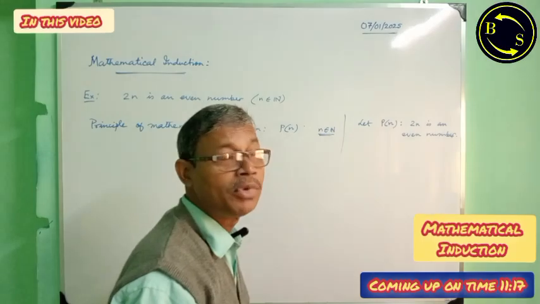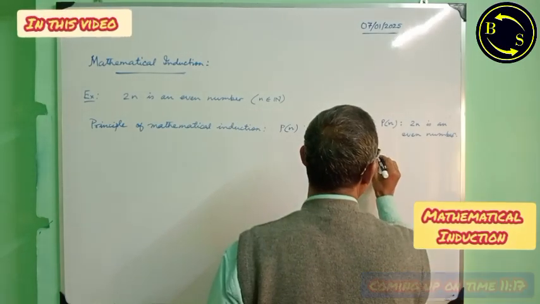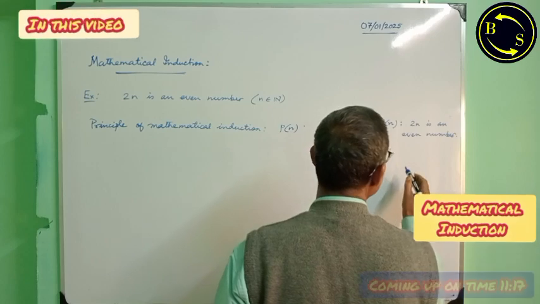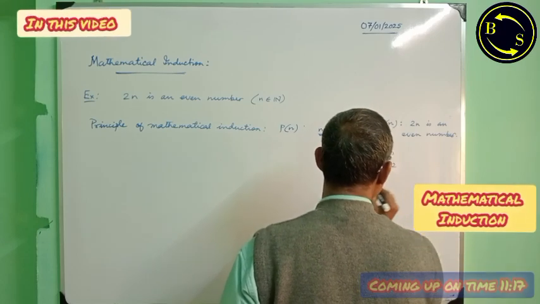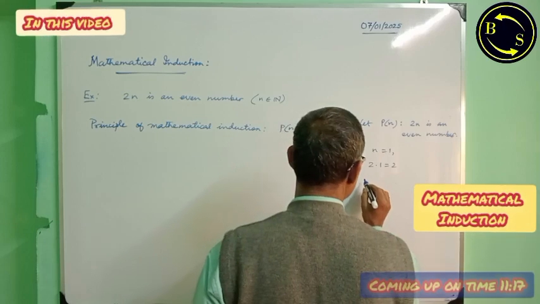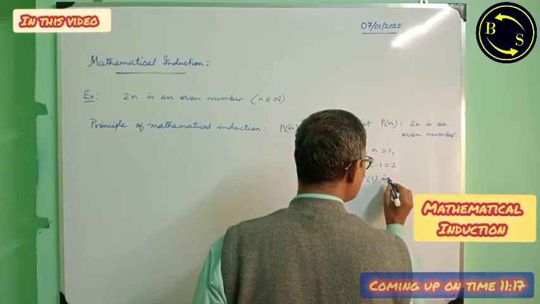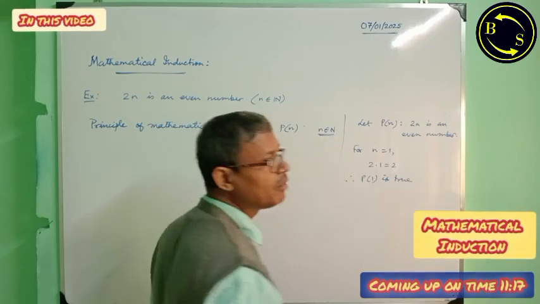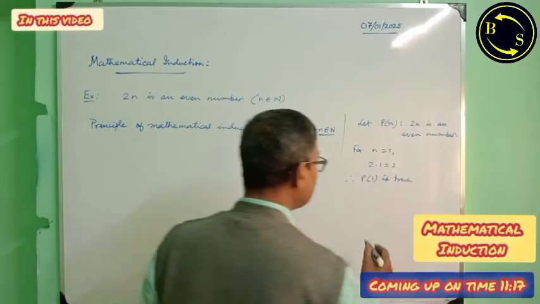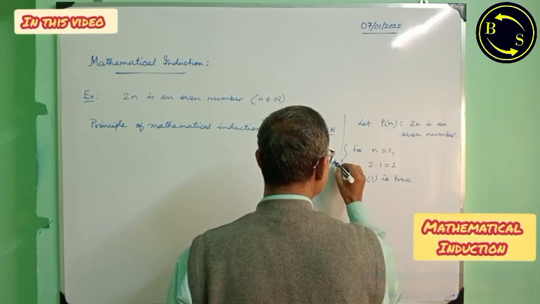This one, very simple one, for n equal to 1, 2 into 1, that is 2, we conclude P1 is true. 2 is an even number. Next, this is called the basic step.